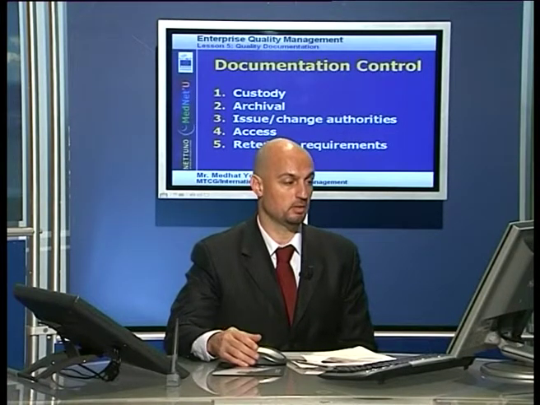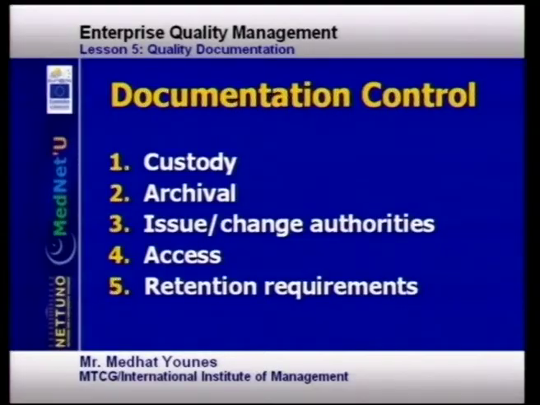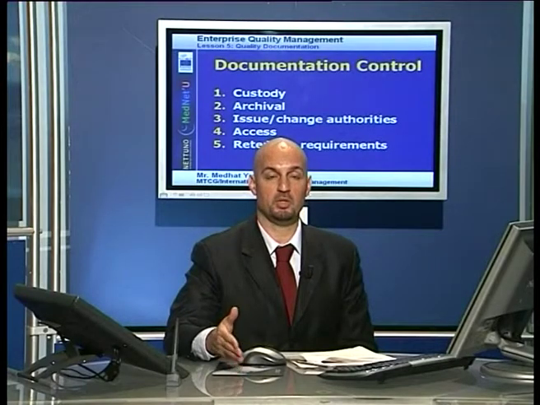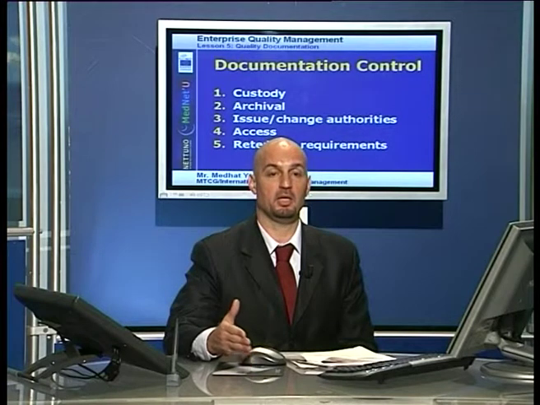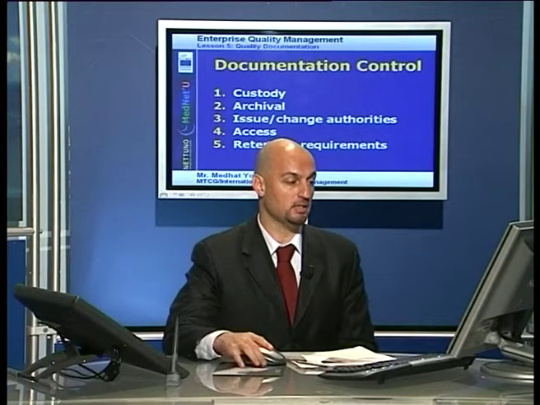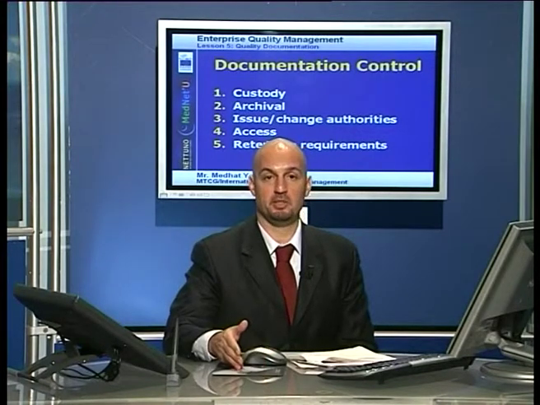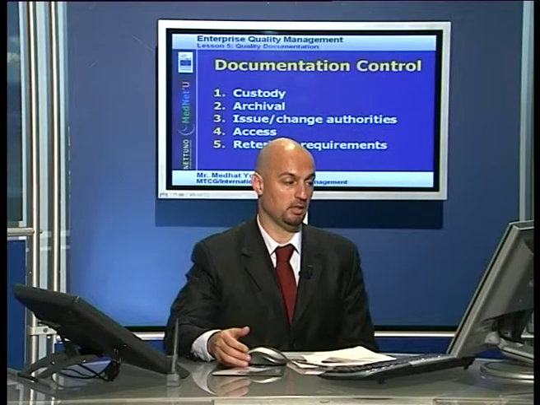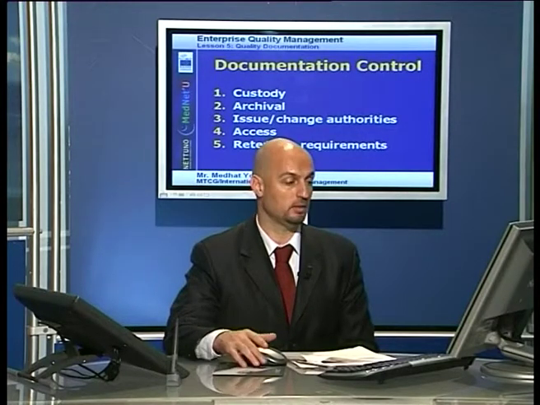quality standards. Issue and change authorities: a quality document or record should not be changed without approval from the manager or the owner of the process. Access: certain documents that have confidential information should not be kept open for anyone, and should be properly controlled and secured.